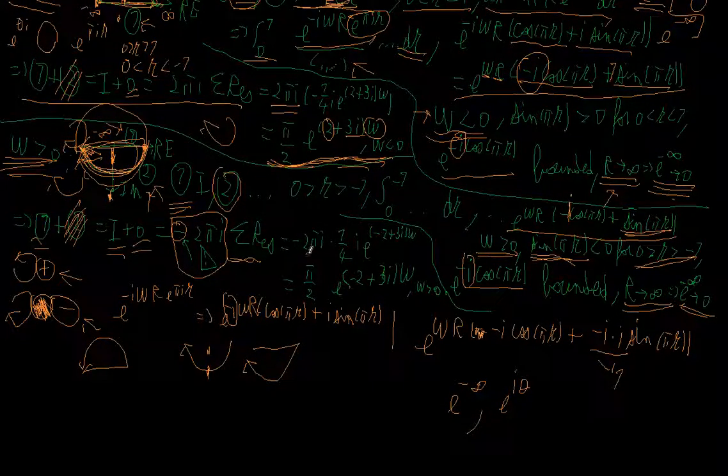We can multiply with minus 2 pi i, and we can rearrange it, and we should get pi over 2 times e to the minus 2 plus 3i times omega. And here again, I hope you can read it, we assume that omega is positive, so greater than 0.